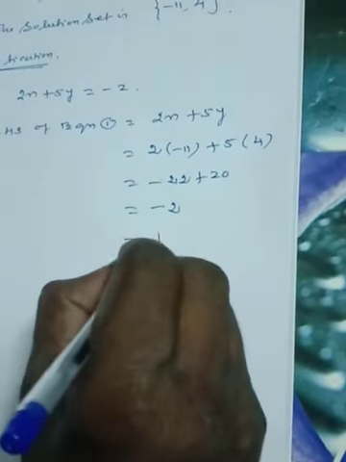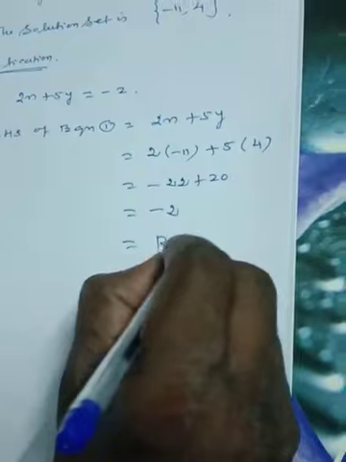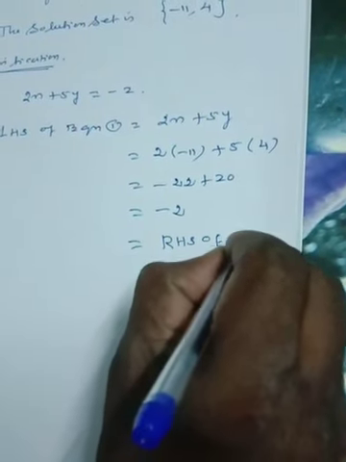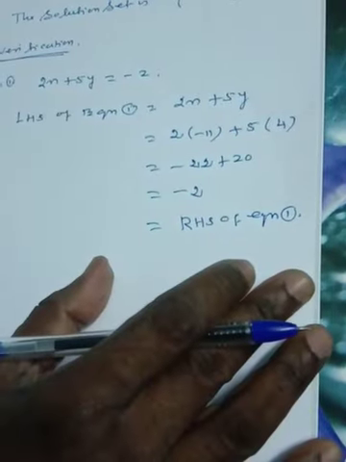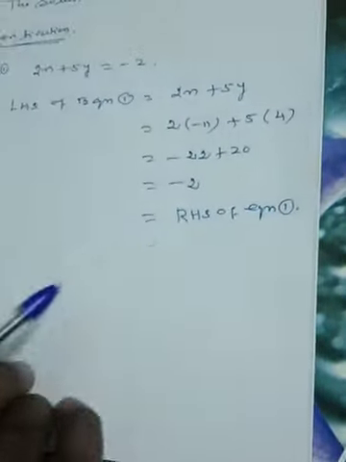Minus 2 is the RHS of equation number 1. Therefore, LHS equals RHS, so the solution is correct.